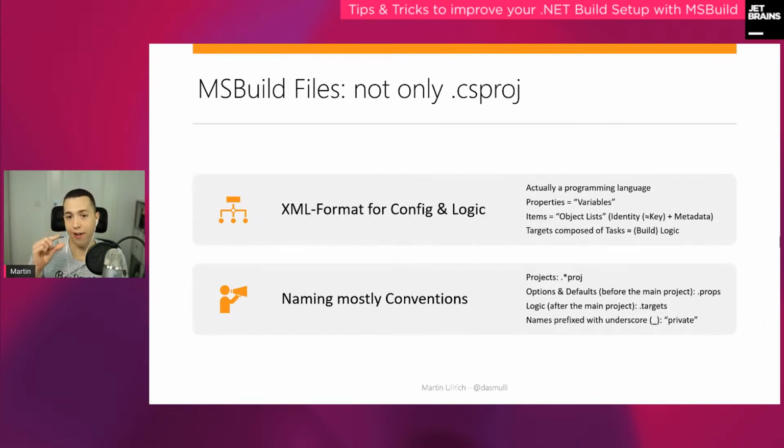If you squint really hard, it actually looks like a programming language, because we do have properties, which are like variables. We do have objects and collections, which are called items in MSBuild. And we have our build logic, basically those targets that are built, composed of tasks, which are like individual steps that contain logic. And we even have control flow conditions to allow us to have some if conditions, so control flow, even some basic forms of loops.